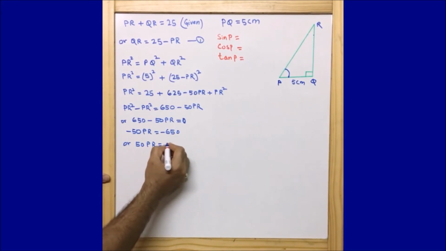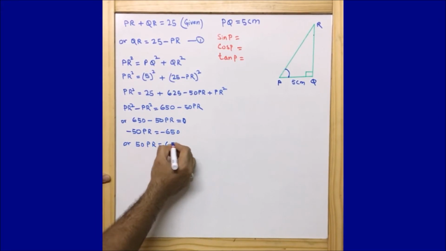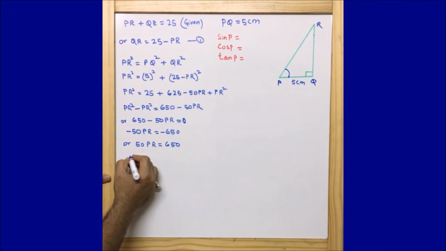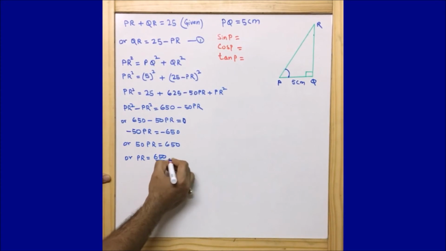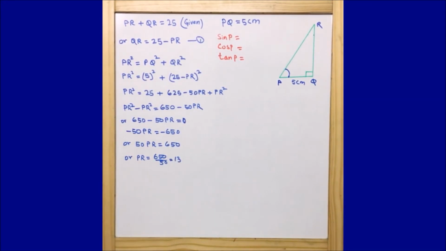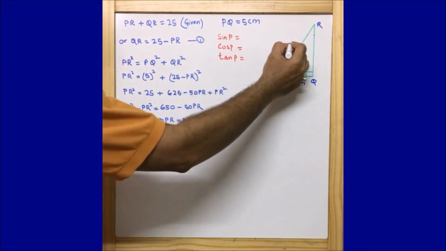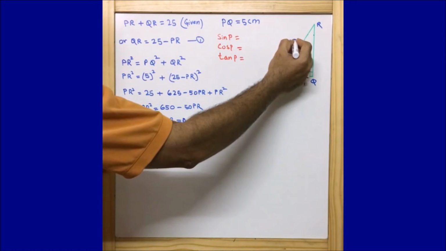The minus symbol cancels off. Or I can write PR is equal to 650 upon 50, so that is equal to 13, because 13 into 5 is 65. So we are able to find out the value of PR is 13 centimeter.